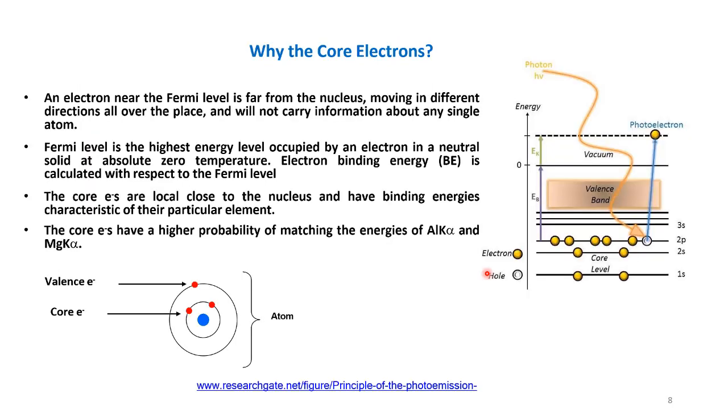Then why do we check the core electron? An electron near the Fermi level is far from the nucleus, moving in different directions all over the place, so it will not carry much information about any single atom. Suppose we have a core level here, and this is the valence band.